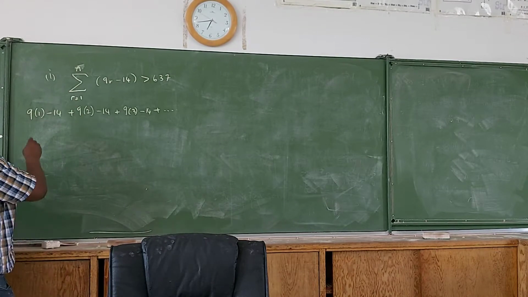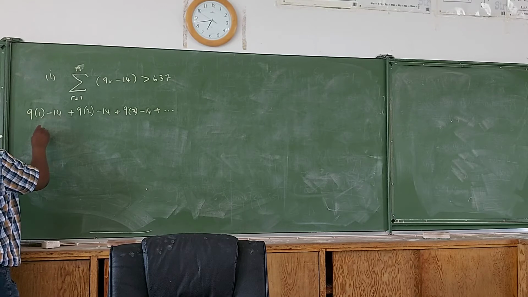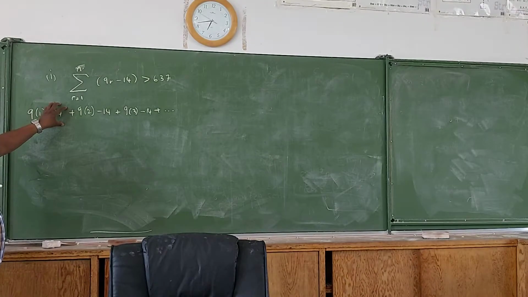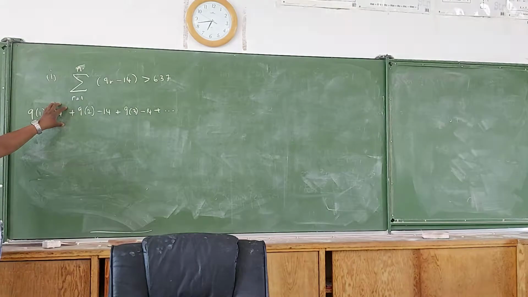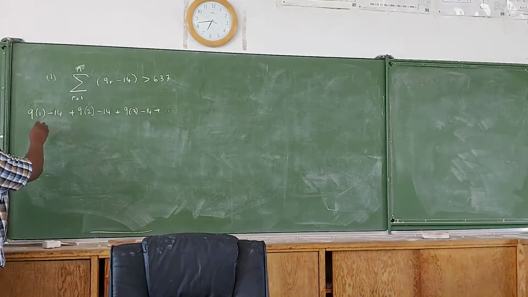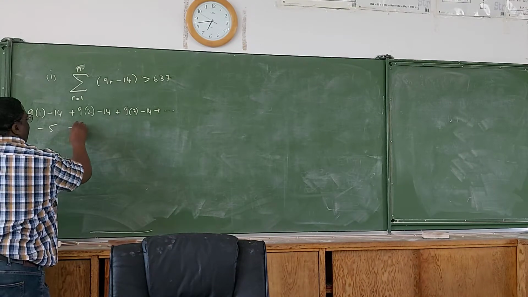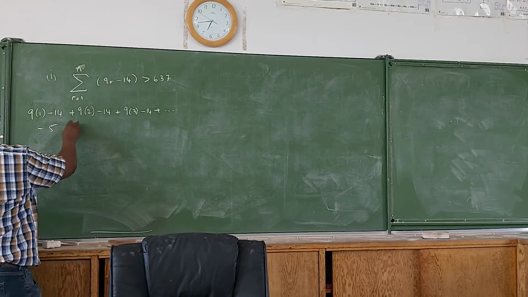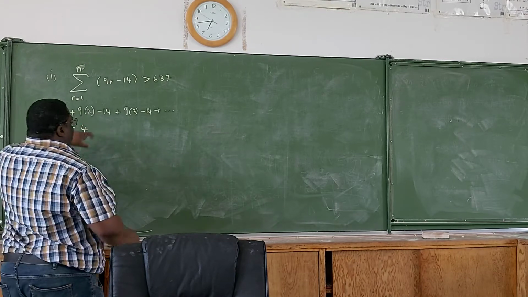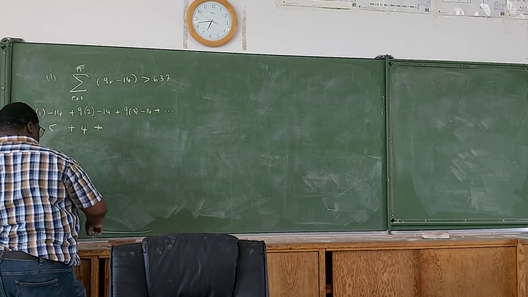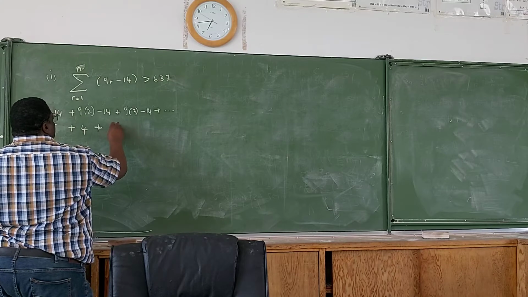So this is going to give you minus what? 9 minus 14. Minus 5. Okay. Next, 18 minus 14. 4. Positive. Next, 27 minus 14. 13.